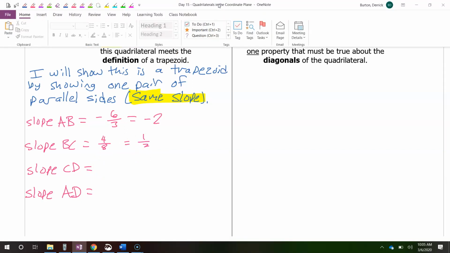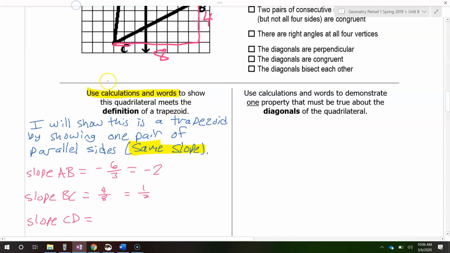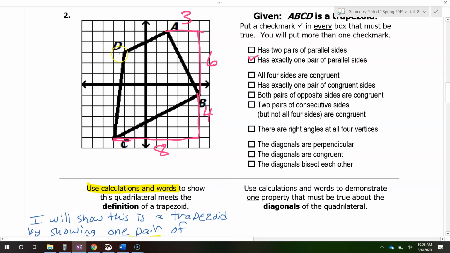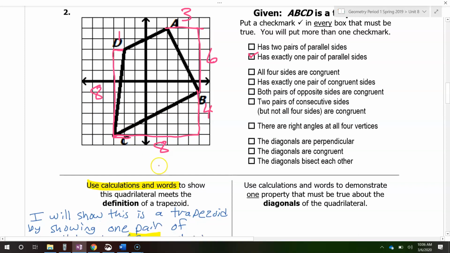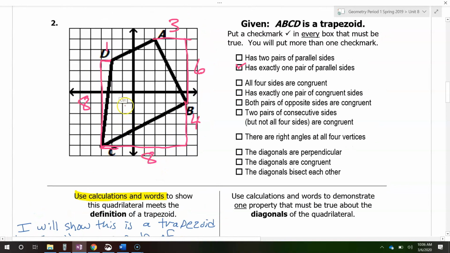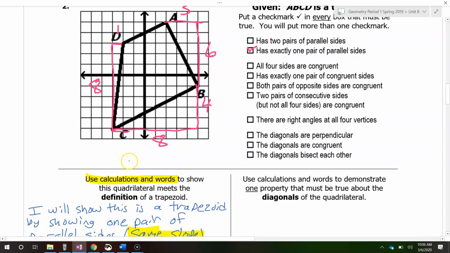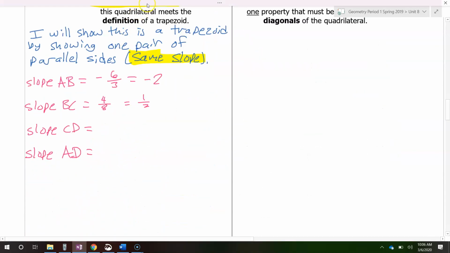Okay, slope CD. There's the rise, and there's the run. How high is that rise? 8. So 8/1. That's the slope, right? Is this positive or negative? Positive. It's going uphill. So it's 8/1, which of course is simply 8.